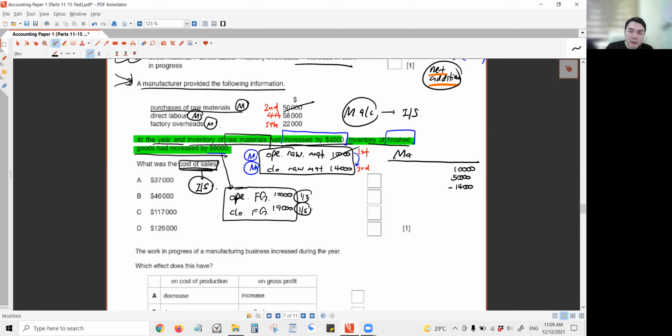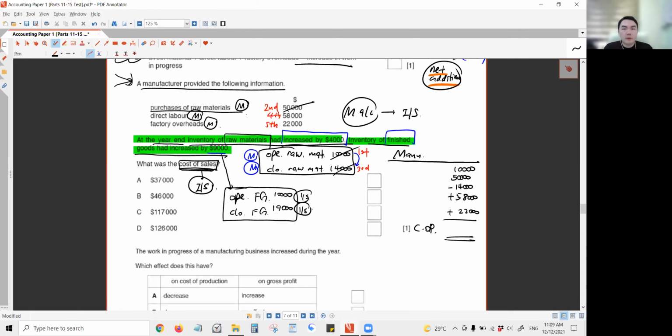I'm doing the manufacturing account, yeah. Then plus direct labor. Then you arrive at prime cost, and then you plus another 22,000, which is factory overhead. Then you can get the cost of production, which is the last number in the manufacturing account.